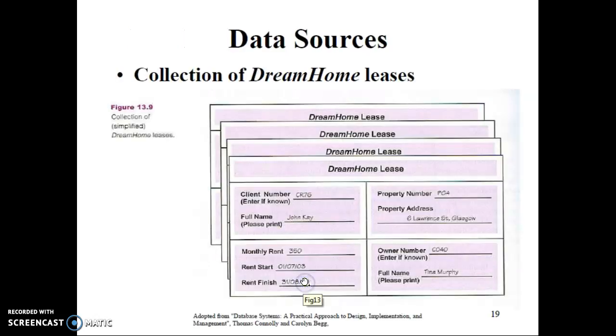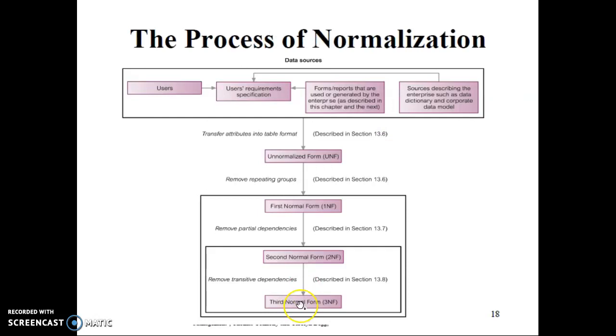For transforming second normal form to third normal form, we follow the rule: remove transitive dependencies. So through all these steps, we have a particular rule for each step. This is just a diagrammatic view. Let us see it in detail with examples.